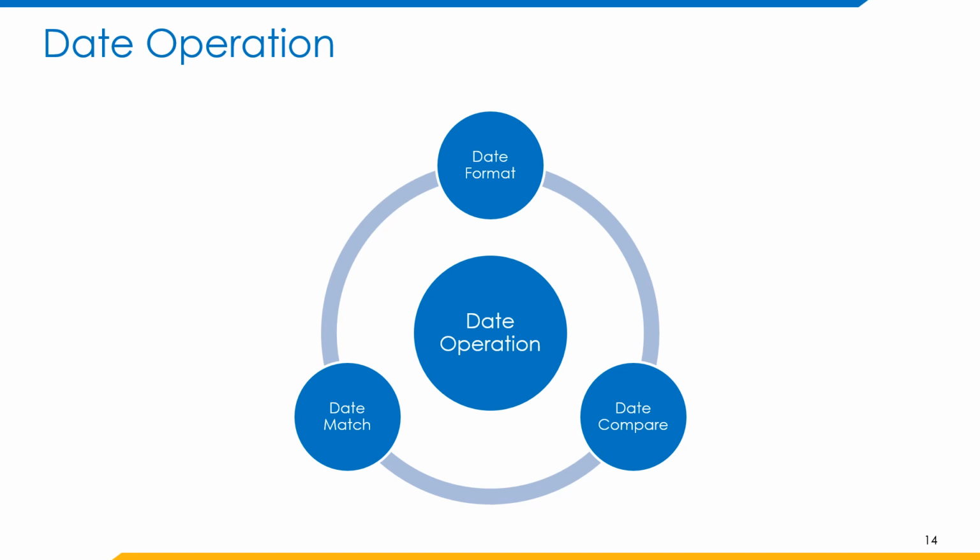Date format. The date format transform is used to convert date time strings from one format to another. It is useful when we are syncing data from one system to another because each application uses a different format for date and time data. Date math.